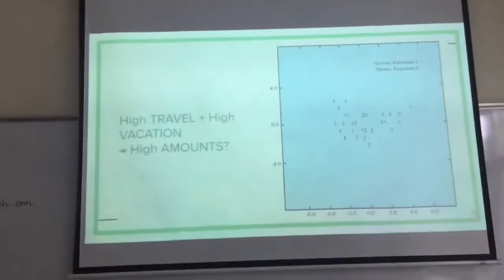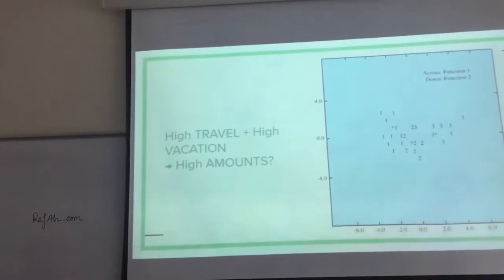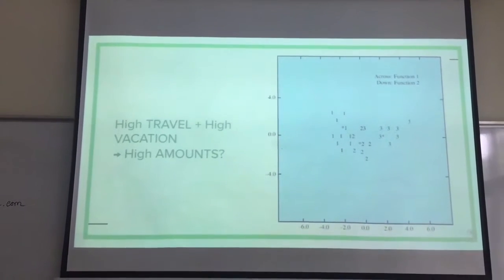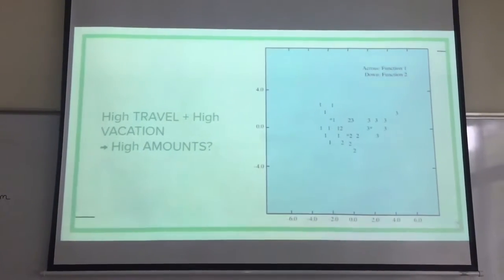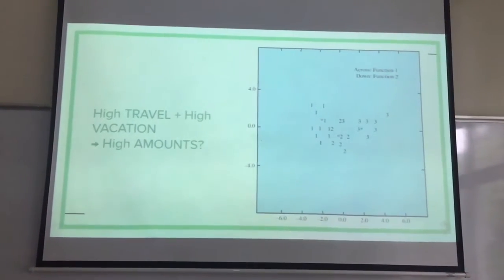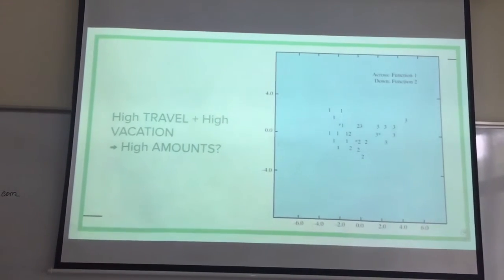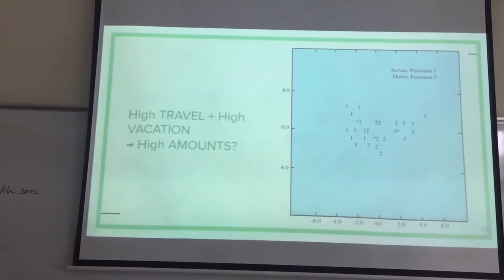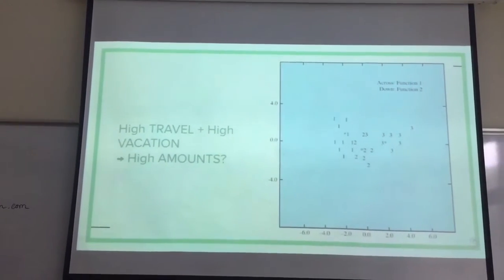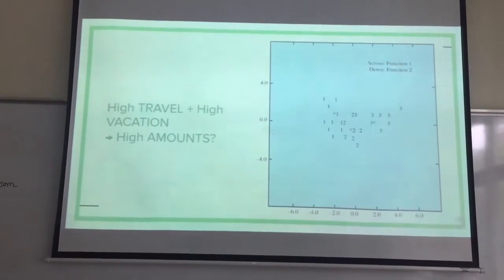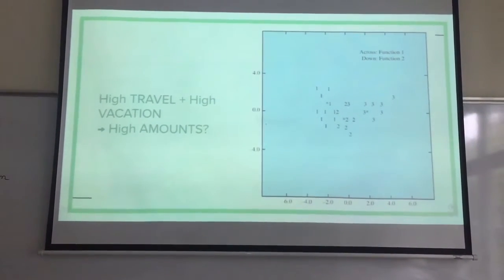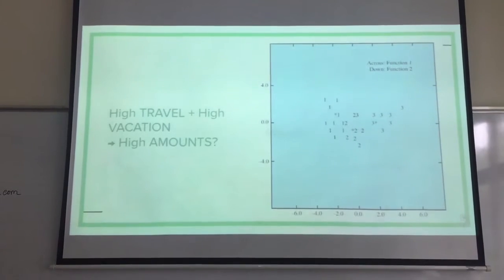So given the positive correlations of these variables with function 2 in the structure matrix, we expect to find group 1 to be higher than group 2 in terms of travel, vacation, and age. But whether higher travel and higher vacation will lead to higher amounts of money the family spends on vacation, well, maybe perhaps they would like to spend more on vacation but cannot afford it because they have low incomes.